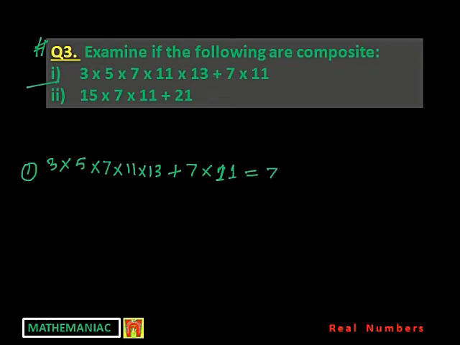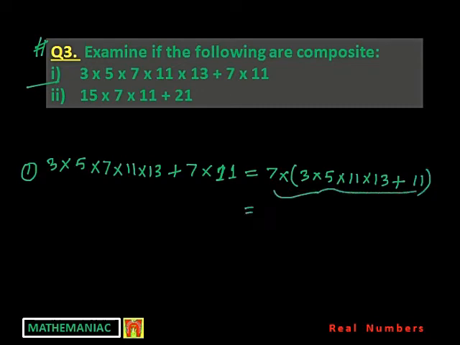Now from here, what can you take as a factor? 7 you can take, right? 7 is a prime factor. Now what will be left out? 3 into 5 into 11 into, okay, 11 also you can take out. Anyway, that's not an issue. One factor will be enough.